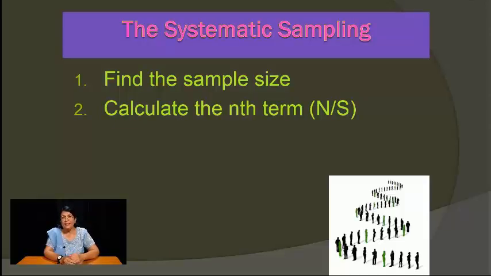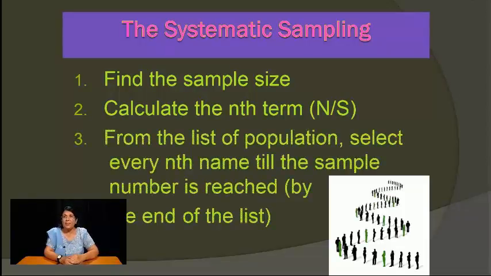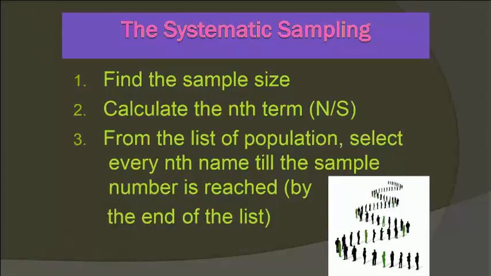And that n is very, very important, because in the next step, the third step, from the list of population, we select every nth name until the sample number is reached, till the end of the list. We keep doing that. Remember, if there is a decimal for the n, the small n, then it's always good to just remove the decimal and take the absolute value.